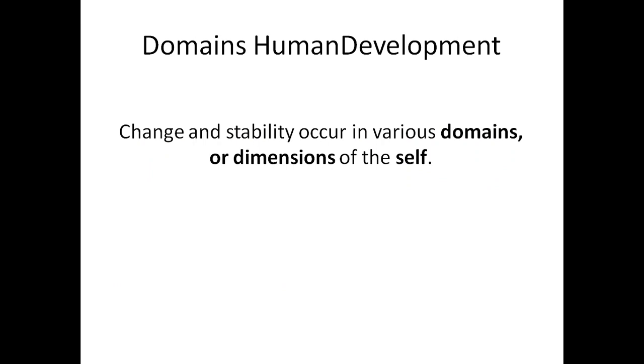Next is about domains of human development. Change and stability occur in physical, cognitive and psychosocial domains or dimensions of the self. Though these three domains are intertwined throughout life, each affects the others and each domain is important throughout life.